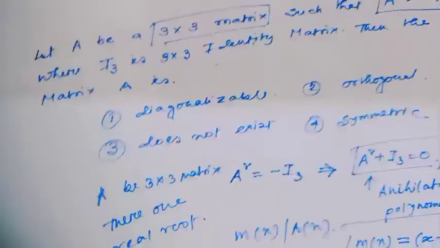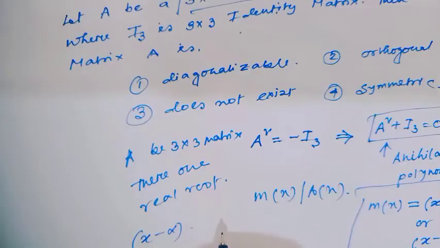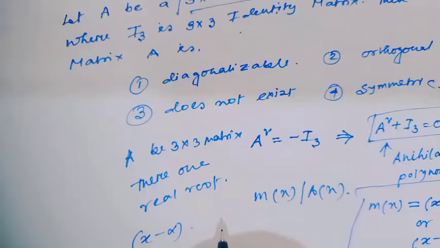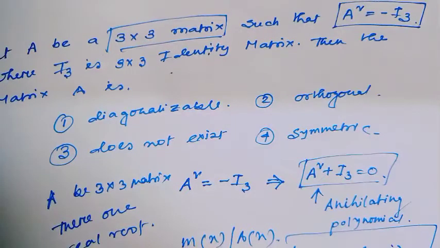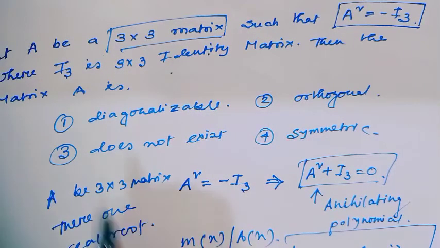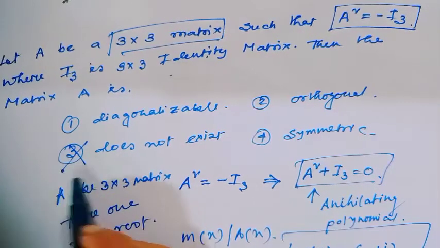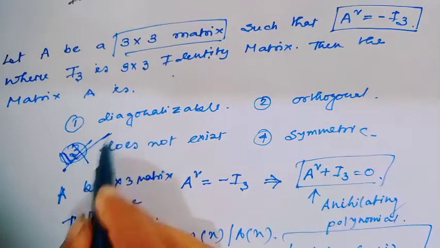If there exists a real root, then x minus alpha would be one factor, where alpha is any real number. That implies this type of matrix does not exist. Are you getting the idea? This is the right option.